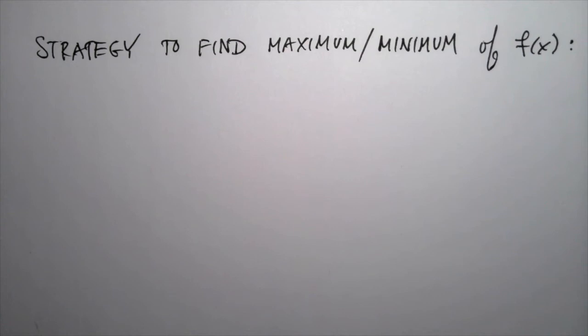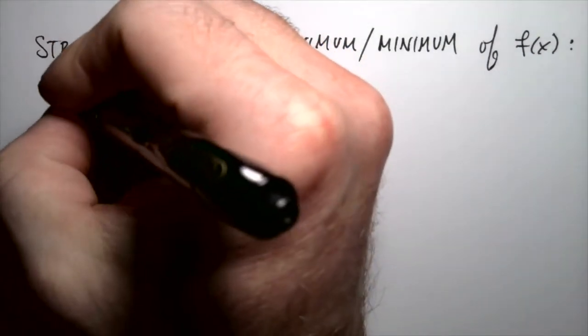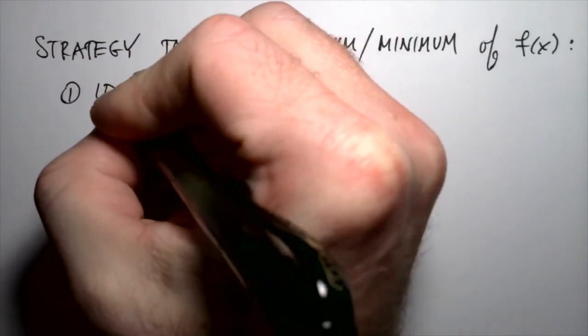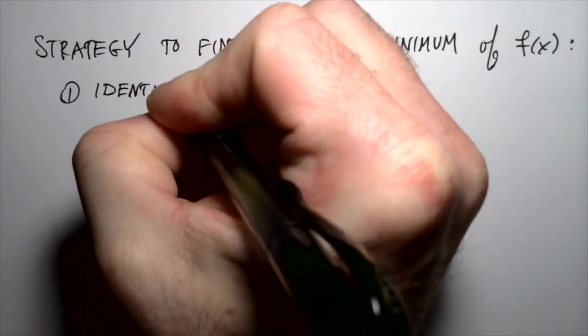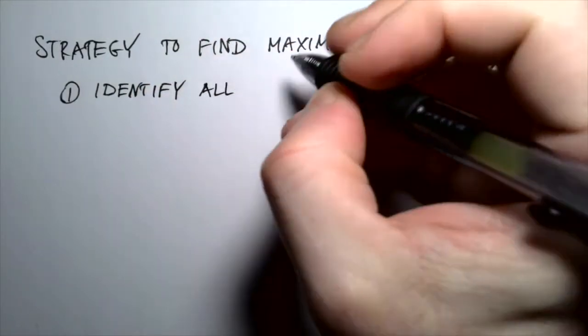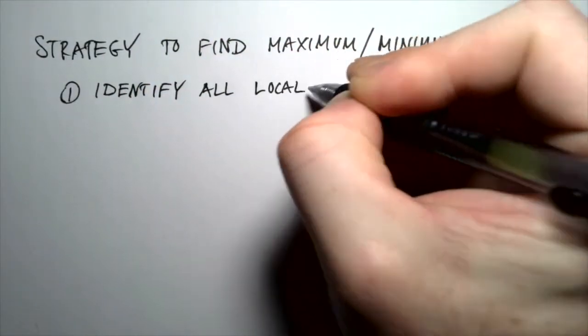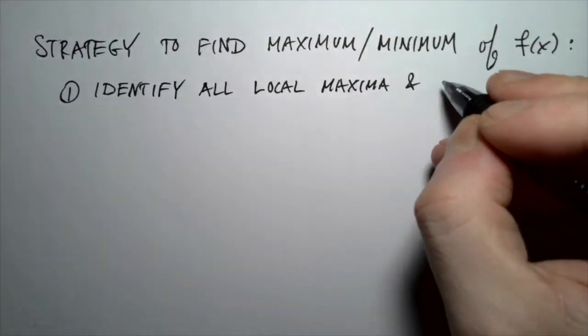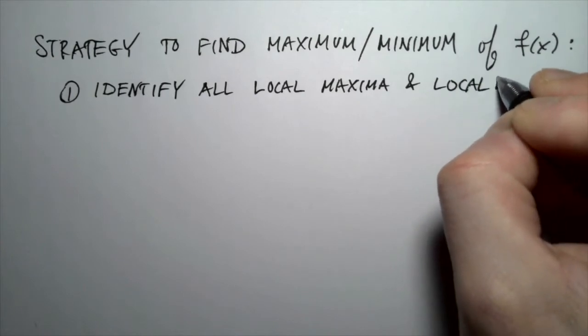So here's a strategy to find the maximum and minimum values of a function. The first step is to identify all local maxima and local minima.